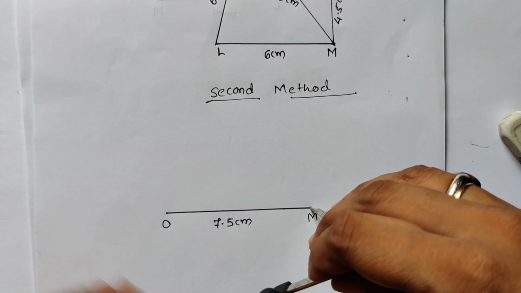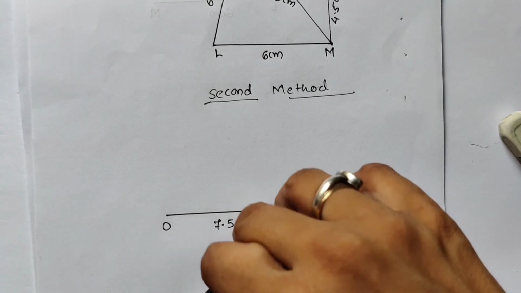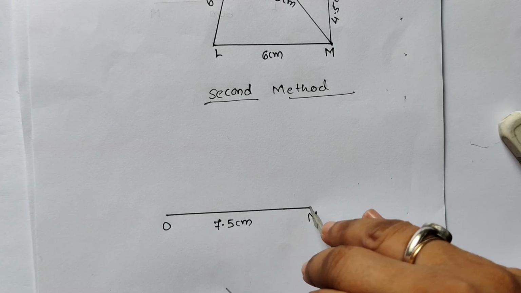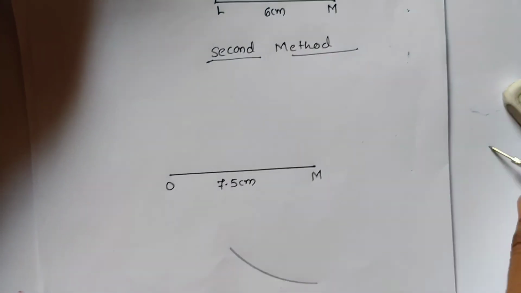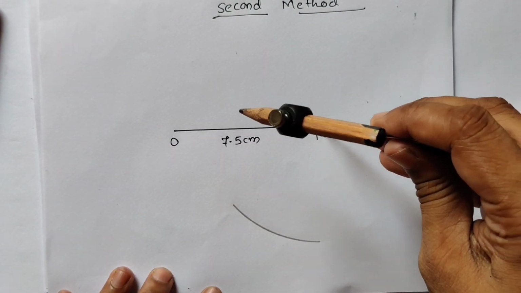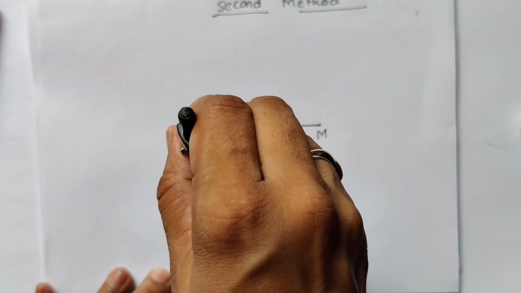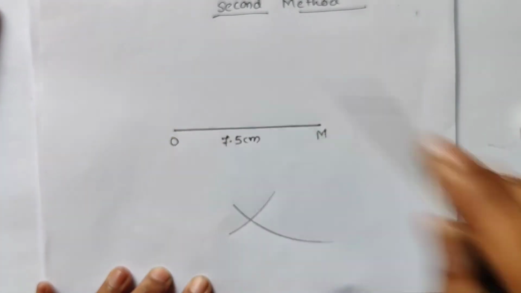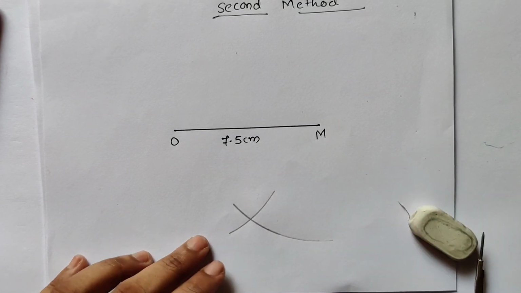As downward direction I am having the space, so I will draw at downward direction. From M also I am going to draw an arc. Let me adjust my page properly. From M also I have drawn this arc. And from O also I am going to draw the other arc, and then rub out extra part.